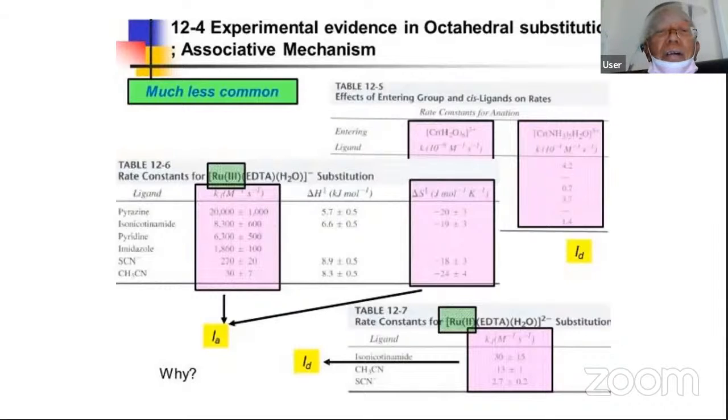You can tell whether it's associative or dissociative. To prove associative or dissociative, you need thermodynamic data combined with kinetic data. That's what I'm trying to tell you. Thermodynamic and kinetic studies are very important for establishing the mechanism of the reaction. Okay, next slide.